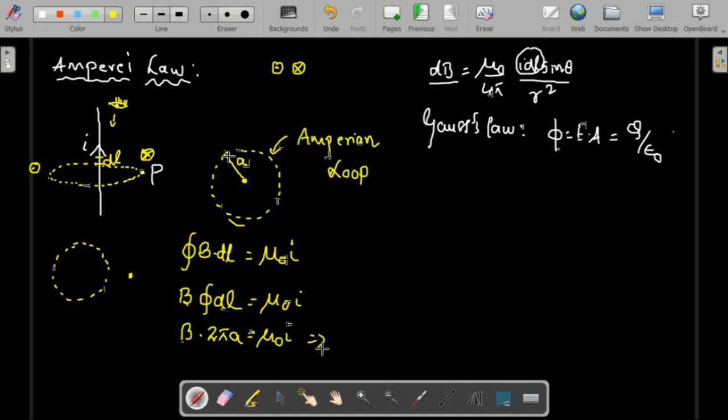So that means my magnetic field is mu naught I divided by 2 pi a. Okay. So that's my magnetic field due to this loop.